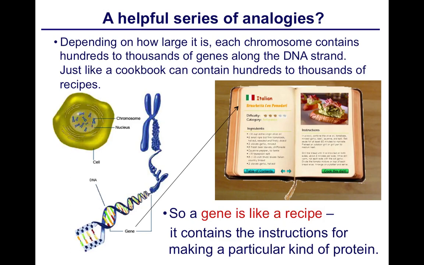It tells your body how to make a particular protein. Okay? So that's what happens when your cells replicate. It's reading the genes and telling your body how to make certain proteins, like the proteins that allow your eyeballs to see. Okay?